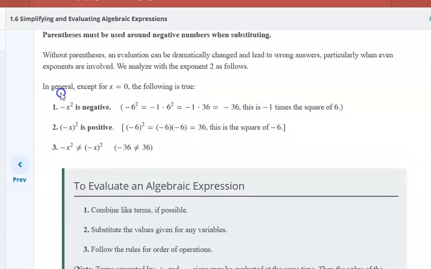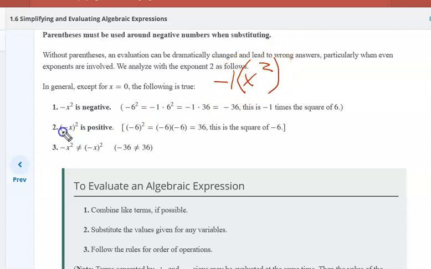Now notice in general for x, as long as it doesn't equal 0, we have some interesting things that happen. Here we have a negative x squared. Whatever the value of this, the end result will always be negative because of this negative sign. Think of this as a -1 times this.